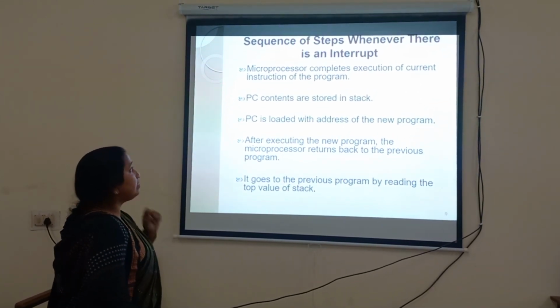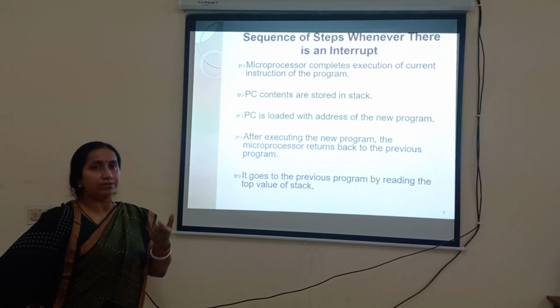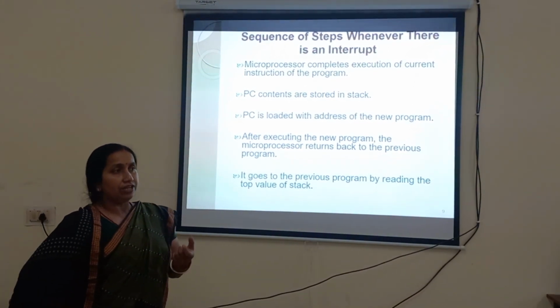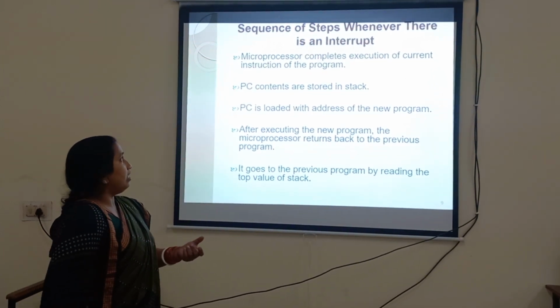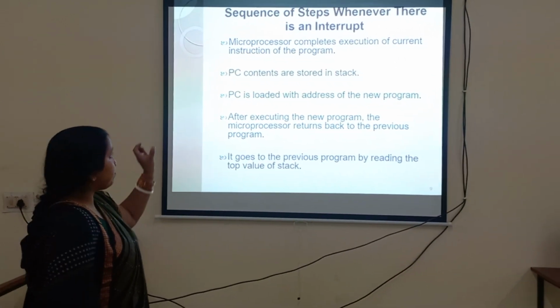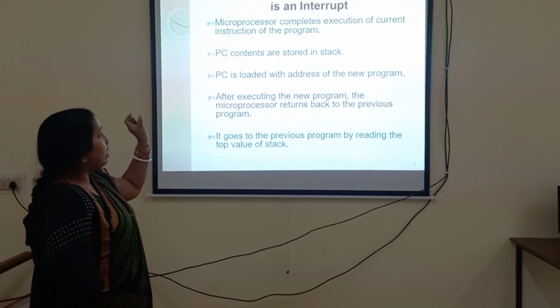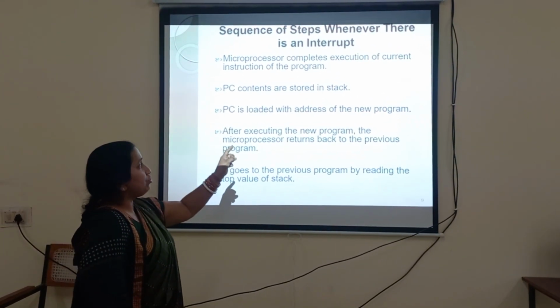Then the PC contents are stored in the stack. The stack is nothing but the memory location where information in terms of data is stored. And the PC is the program counter, which is a 16-bit register, and it is also stored in the stack. The PC is loaded with the address of the new program.